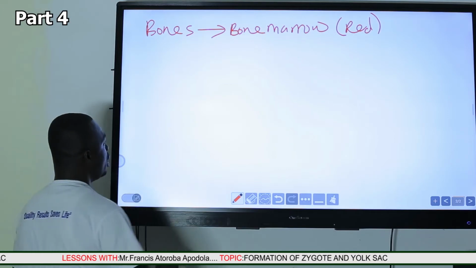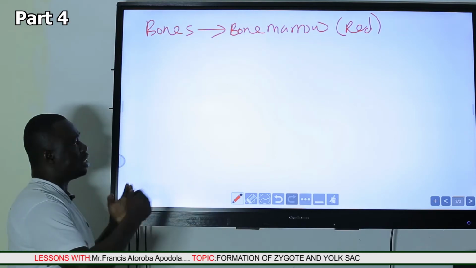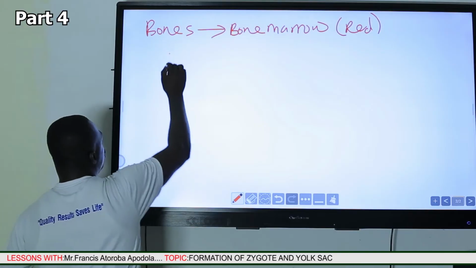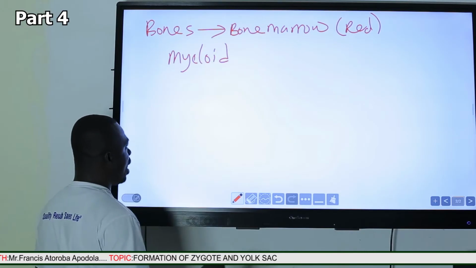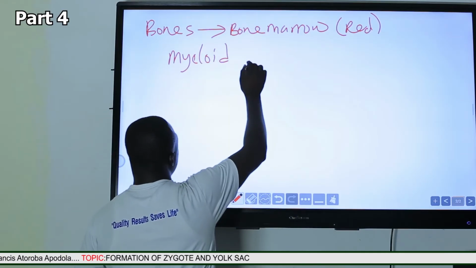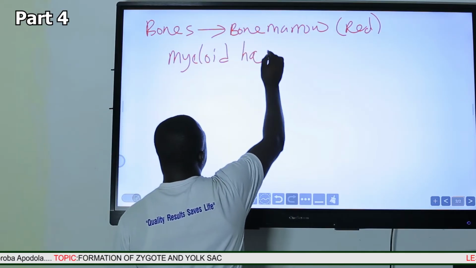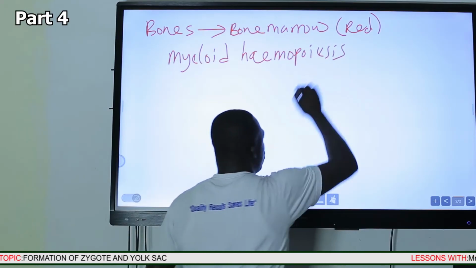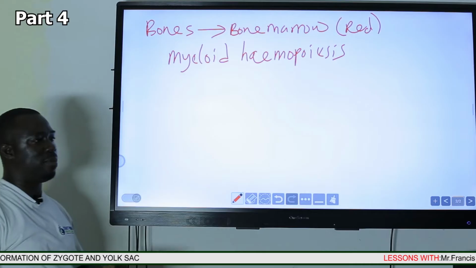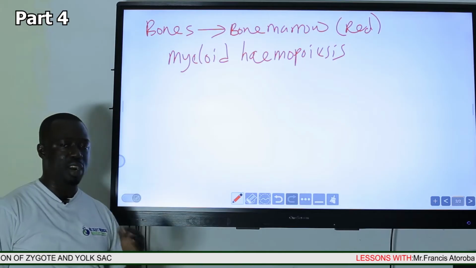And so the bone is called myeloid in the language of medicine, and this phase of hematopoiesis is called myeloid hematopoiesis. So we have actually described 3 phases of blood cell production.